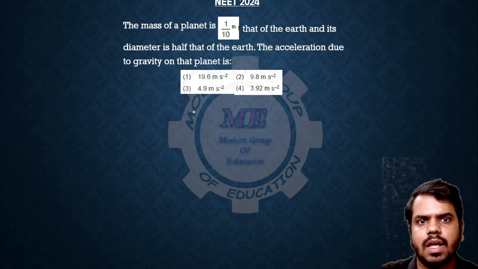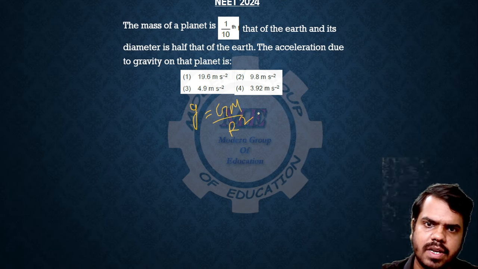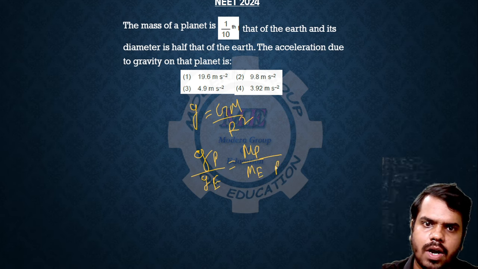The mass of a planet is 1 by 10 that of our Earth, and its diameter is half that of the Earth. The acceleration due to gravity is g equal to GM by R square, a very basic formula. So g planet by g Earth will be mass of planet by mass of Earth into R of Earth whole square by R of planet whole square.